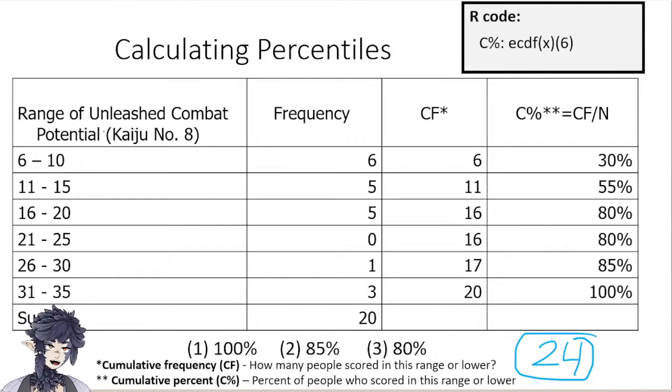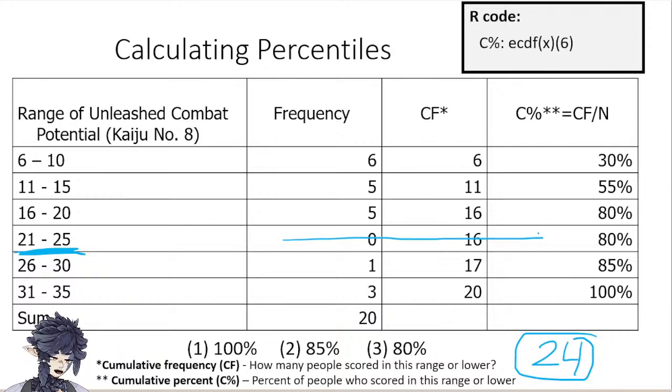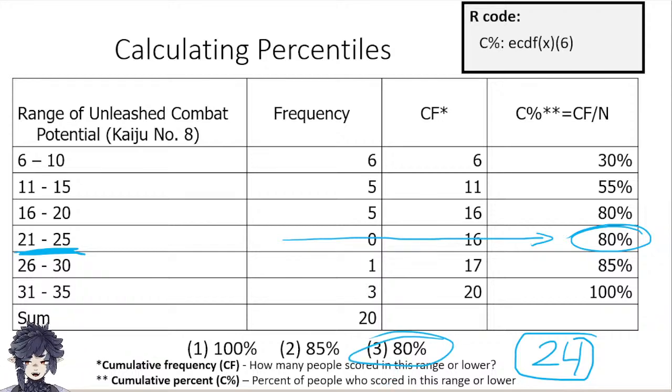Let's think. 24 is in this range, between 21 and 25. So that means my percentile is whatever is over here. That means I'm in the 80th percentile for unleashed combat potential, if my score is 24. So the answer here, 3. I'm in the 80th percentile. 80% of people were in my range or lower. That's how percentiles work.